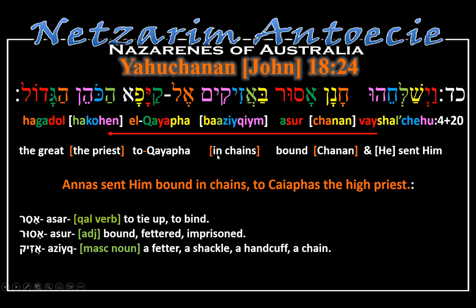So therefore it's in chains, because the im at the end is plural, so in chains. El meaning to, Caiaphas, which is translated as Caiaphas. Ha-Kohen, meaning the priest. Ha-Gadol, the great priest, in other words. So we have Annas sent him bound in chains to Caiaphas the High Priest.